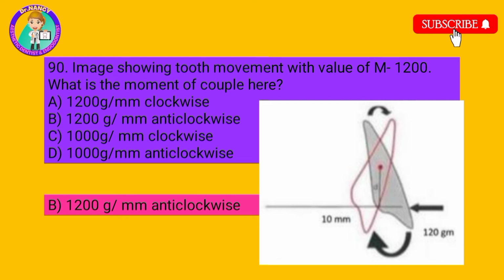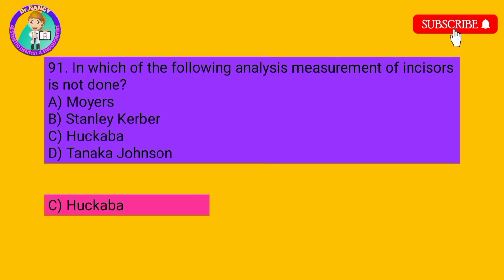What is the moment of couple here? 1200 grams per millimeter clockwise, 1200 gram per millimeter anti-clockwise, 1000 grams per millimeter clockwise, 1000 gram per millimeter anti-clockwise. Answer: 1200 gram per millimeter anti-clockwise.